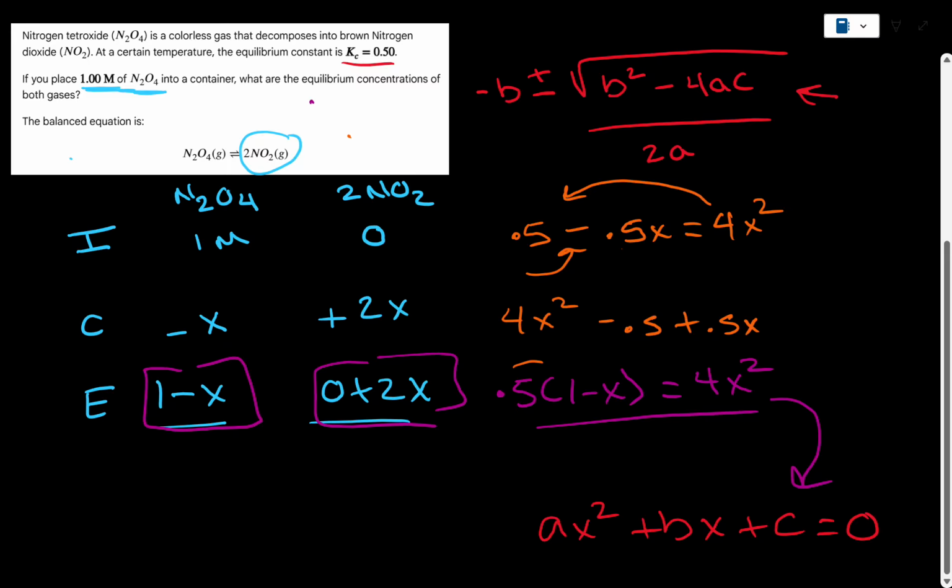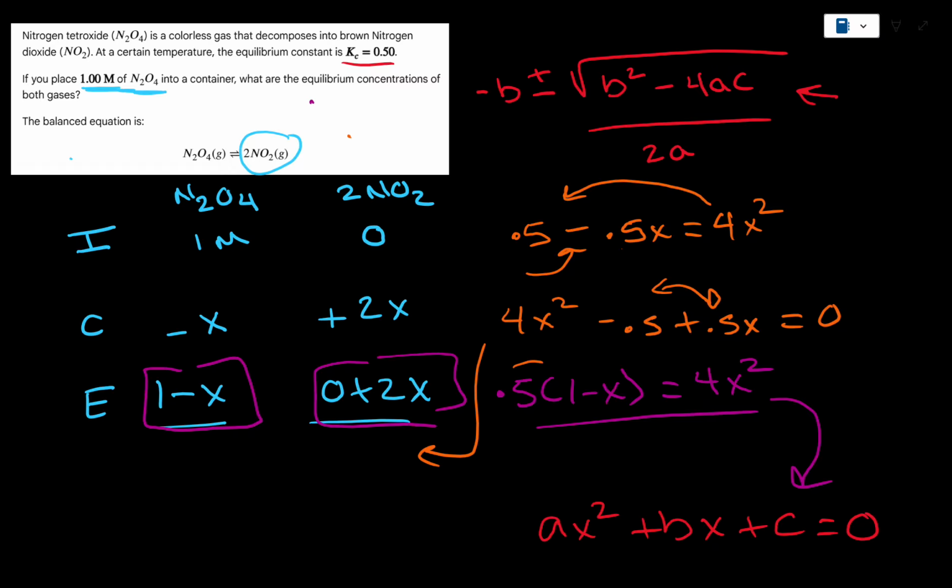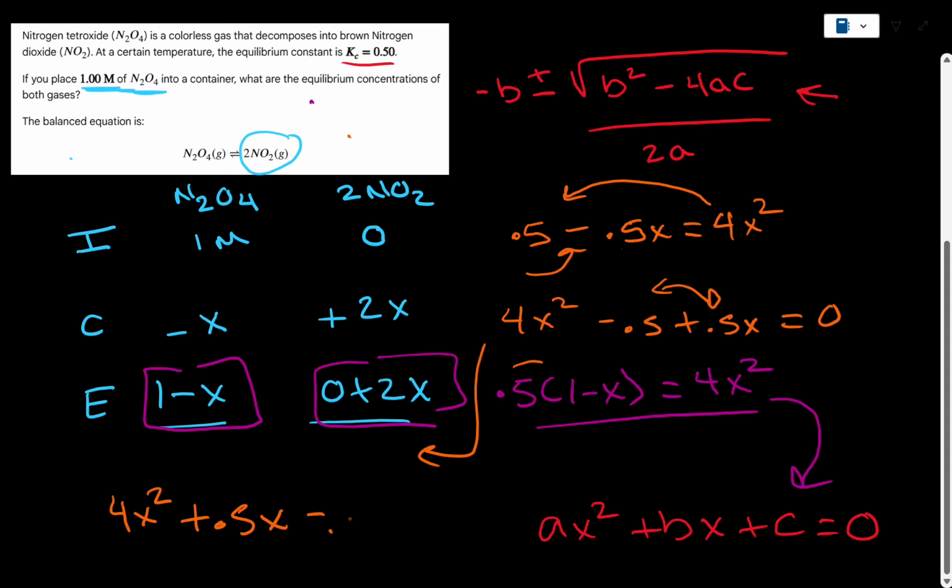Because when you move something to the other side, you must flip the signs. And that's going to equal 0. And we're almost to this expression. All we have to do is just flip these two numbers. And that's ultimately going to equal 4x squared plus 0.5x minus 0.5 equals 0.